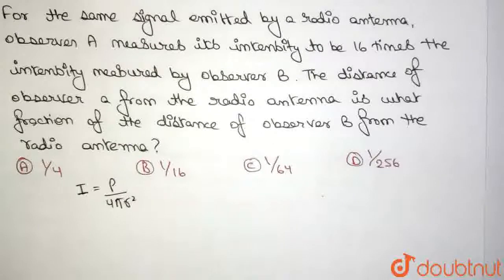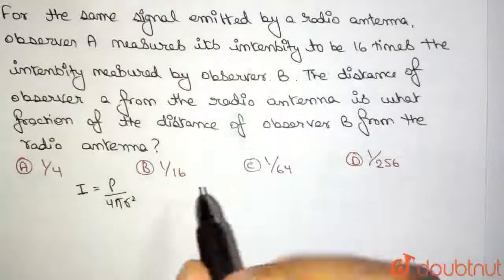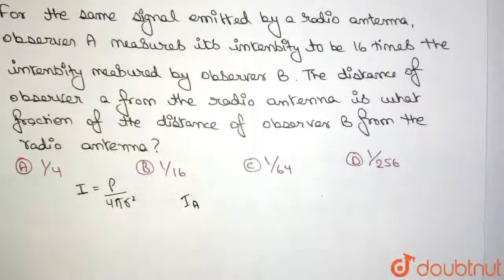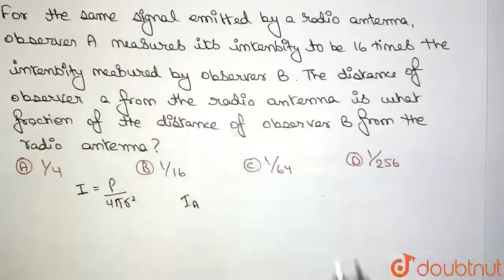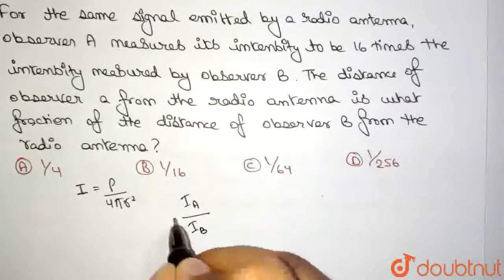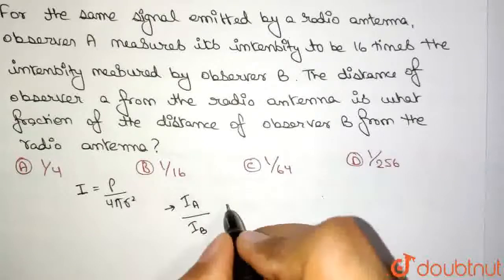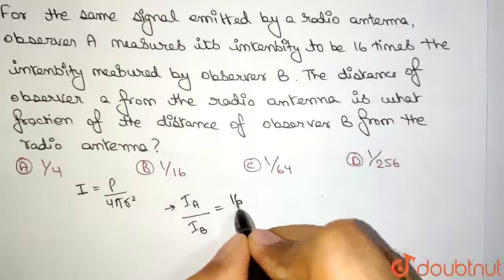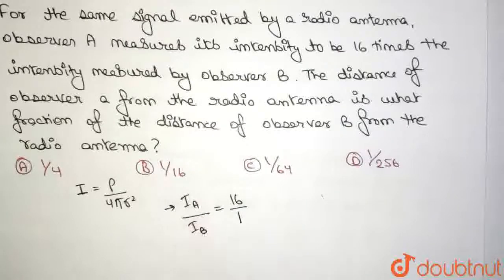And the question states, observer A measures its intensity, so I for observer A, to be 16 times the intensity measured by observer B. So if I have the intensity of observer B as IB, so for A it is 16 times that of observer B, so I can write IA upon IB is equal to 16 upon 1, because A is 16 times that of B, right?